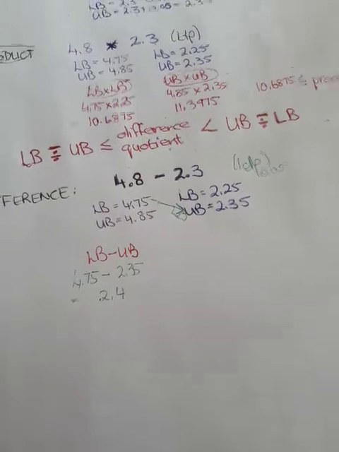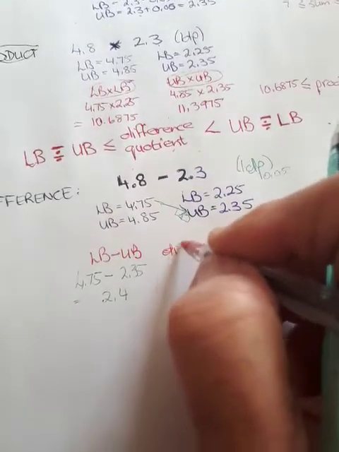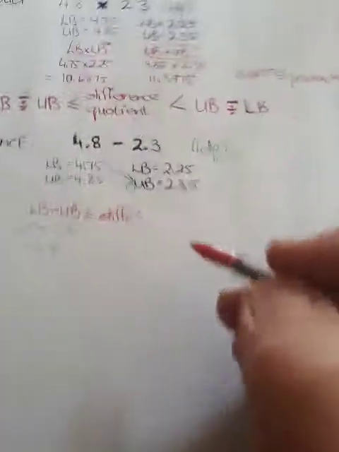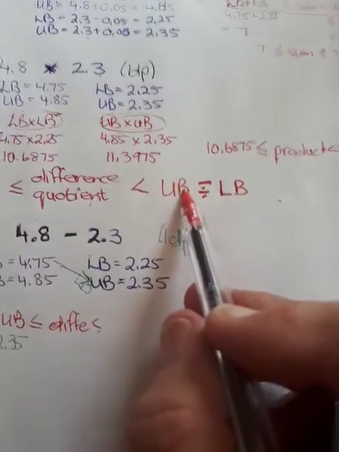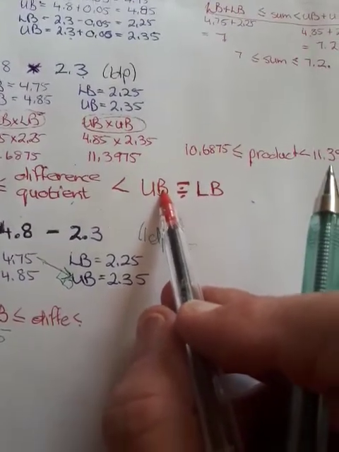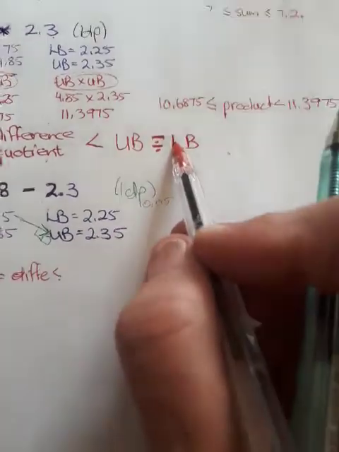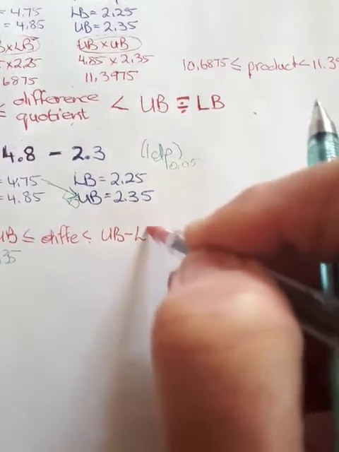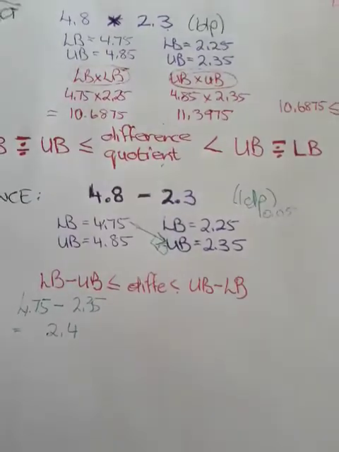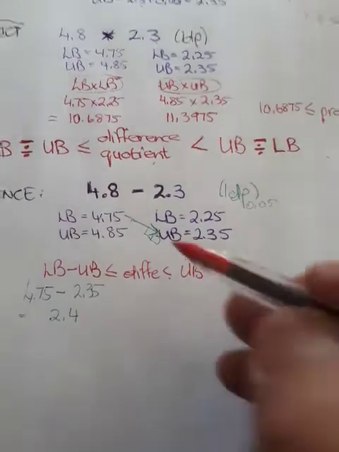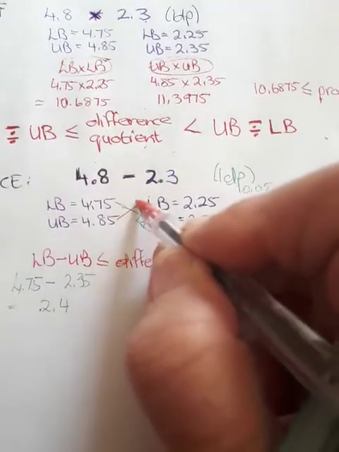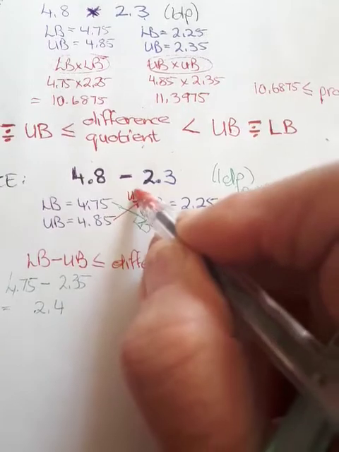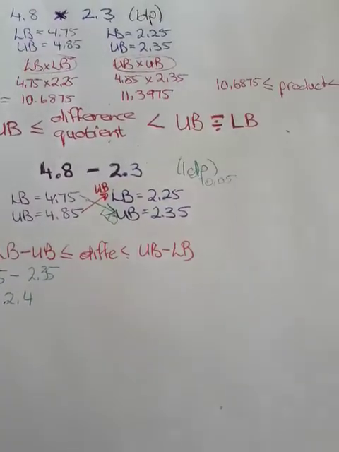Remember, this is now the difference. For the upper bound, you must use the upper bound minus the lower bound. Here it is upper bound minus the lower bound, and that gives you the upper bound of the difference.